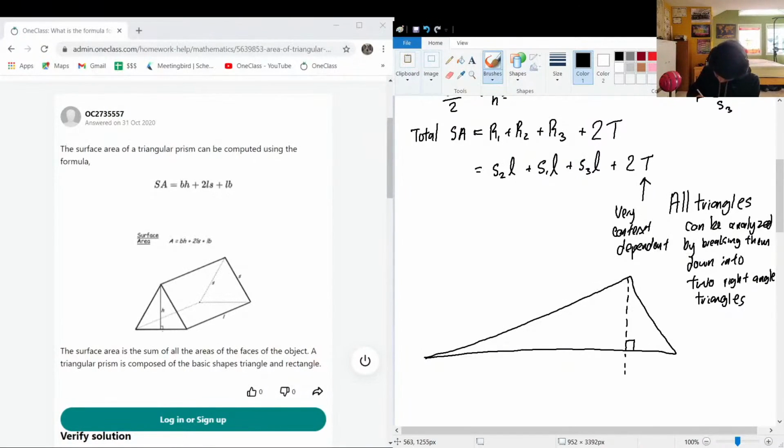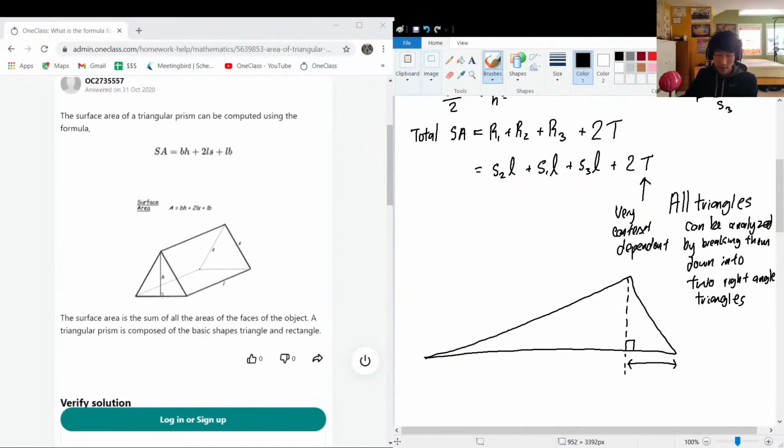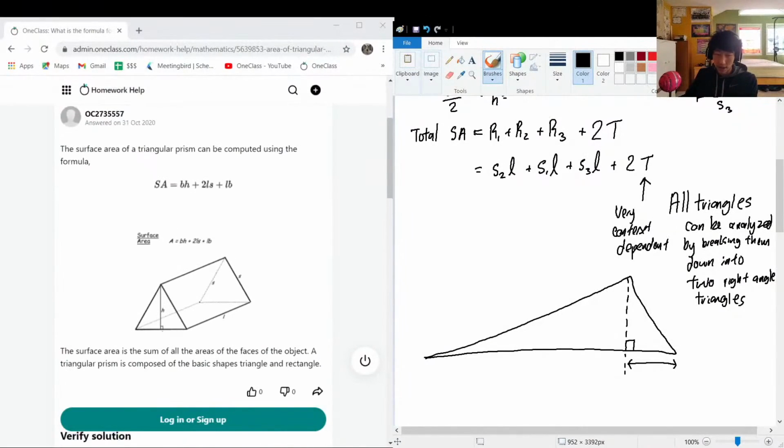If you can find that, just finding the sum of those two triangles and adding them up, that's going to be the whole triangle.